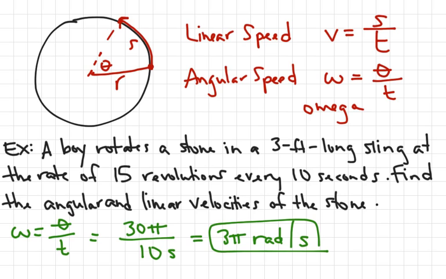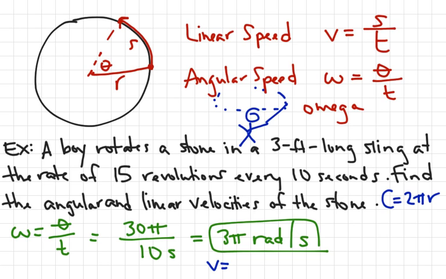For the linear speed or linear velocity, I need to know the arc length that it travels. Well, the arc length is going to be the circumference of that circle. Remember, the circumference of a circle is 2 pi r. So it goes around 2 pi r 15 times. Oh, by the way, what's the radius? Well, the radius is that 3-foot sling. Here's my boy, and he's got this sling, and he's rotating it around in a circle. So that's going to be my radius.